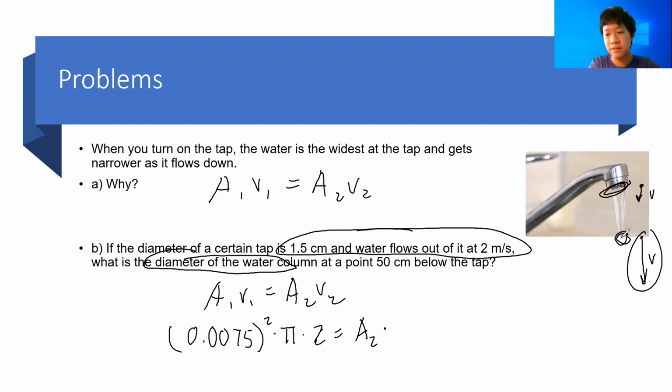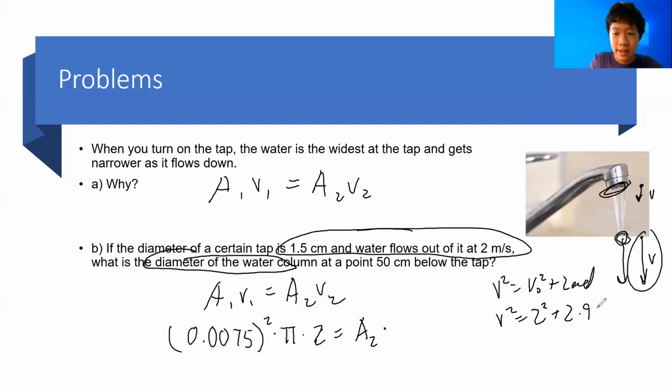How do we find the velocity of the water down here? Well, we can use kinematics, right? Water is a particle. All the kinematics laws still apply to water. So we can just use the equation v squared equals v0 squared plus 2ad. So it's going to be v squared equals 2 squared plus 2 times 9.8 times 0.5. Your velocity should be around 3 meters a second.